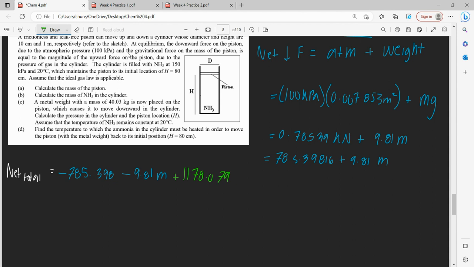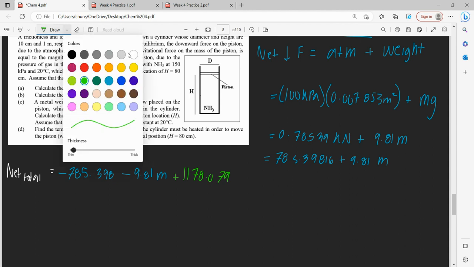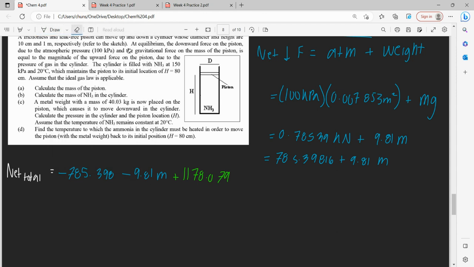These are all in newtons, so we're good with our consistency. Oh, actually, another thing to add, we want our net total to equal 0, right? Because this is at equilibrium. So our upwards and downward forces are the same. So we want that to equal 0 newtons.